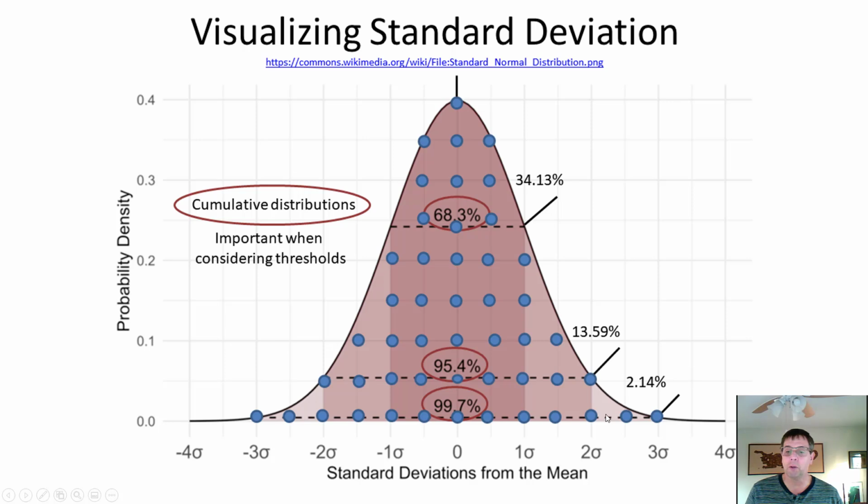So if you're out here, say at 2 standard deviations, you have 97.4% of the data to the left side, so you have a very small chance that it is to the right. Actually, 1.96 standard deviations is where the p-value at 0.05 on a one-tailed test comes in, so it's right about here. Most of the data is to the left, and very little of the data is to the right, so that's pretty significant.